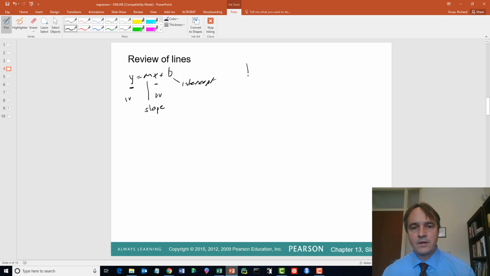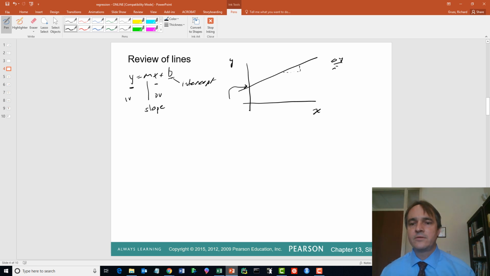So on our axes, we've got x here and y here, and if we look at this line, then this point right here, where the line hits the y-axis, is our intercept, so that's going to be that b right there. And the slope of this line is the change in y over change in x, delta y over delta x. So it's the slope of this line, and that's that m right there.